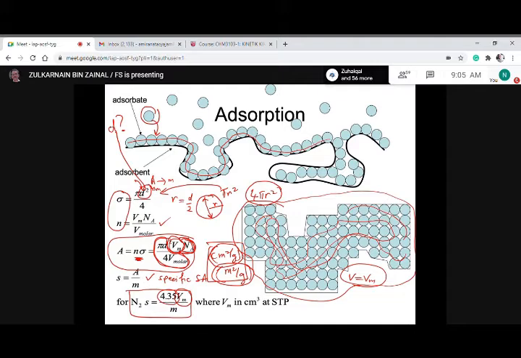What is the diameter of the gas molecule? Not the diameter of the atom, the diameter of the gas molecule. For example, nitrogen N2, what is the diameter of N2? If it is argon, argon is a monatomic molecule, so the diameter of the atom is the diameter of the molecule. So that's for the other gas.